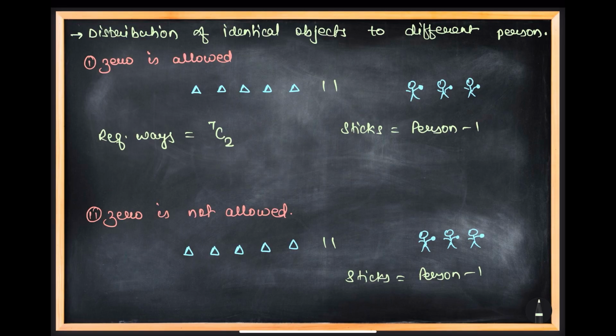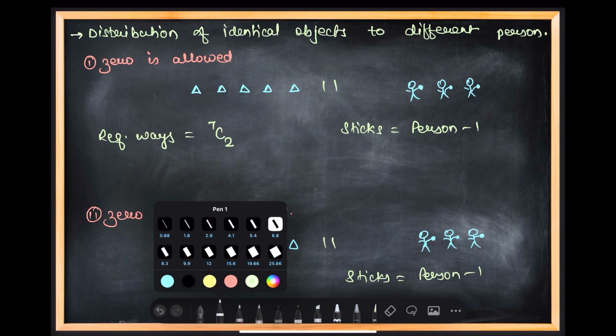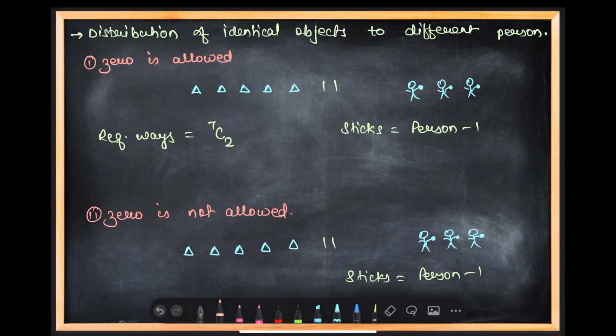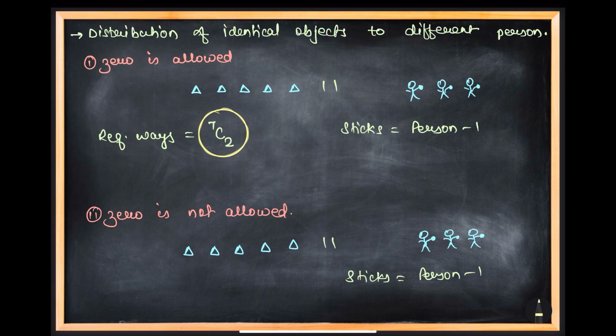Now try to understand, this is where 0 is allowed. Now look at the approach, how I am telling you, why I am telling you. This means that you are placing 2 sticks along your samosas. Suppose you have placed those 2 sticks here. This group of samosas will be taken by person number 1.